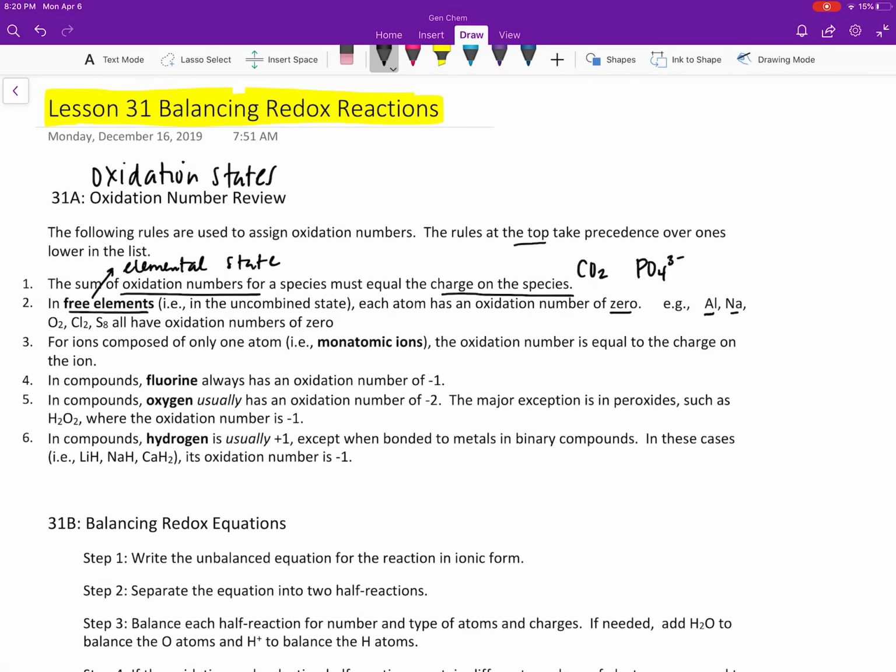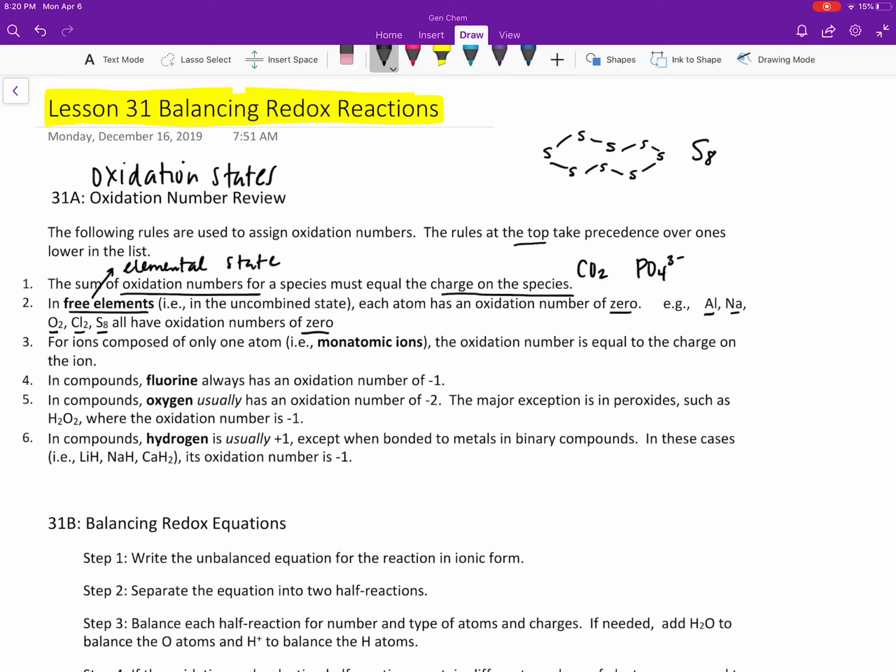So aluminum, sodium, oxygen, which is a diatomic, chlorine, which is a diatomic, and even sulfur exists as, it's kind of neat, an 8-membered ring, something like that. And so that's how sulfur exists in its elemental state. So they all have an oxidation state of 0, meaning they're neutral, they have no overall charge.